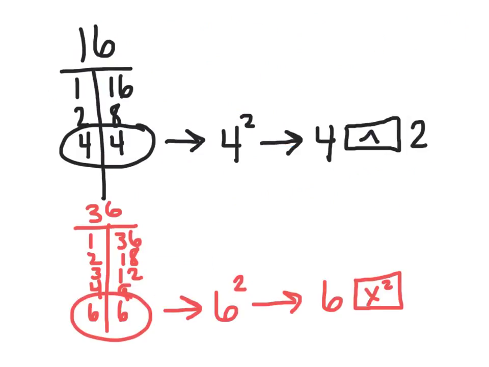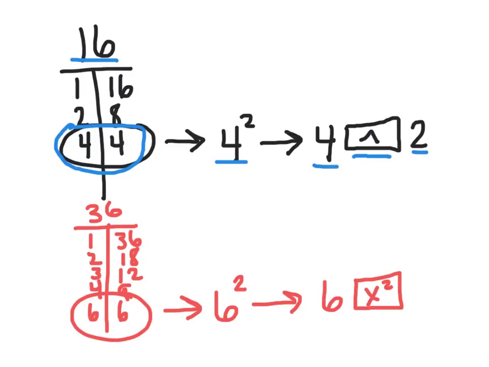So let's see how that looks with our T-charts, because our T-charts are a fantastically organized strategy. If we are working with the number 16 and we list its factors and we get to the point where we know, hey, this is a square number, and you want to use your calculator key, 4 times 4 we know is 4 squared, and into your calculator you would first push the factor 4, then you would push the caret button, which tells it to raise it to the power of whatever you put here, and in this case it's 2 because we are squaring.